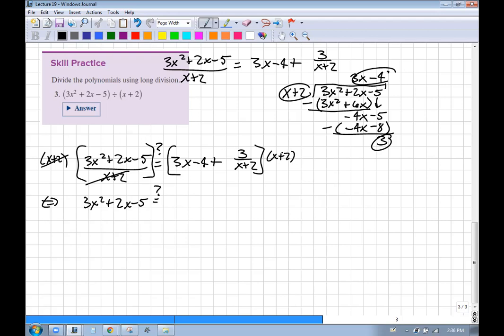Well, we have this thing times this thing, and we have this thing times this thing. Well, the x plus 2 and the x plus 2 would cancel, so this is just plus 3 here, okay? That's just 3.